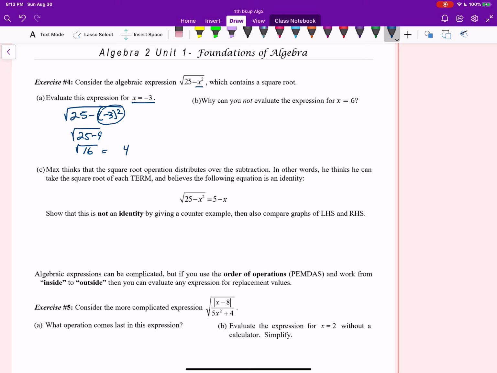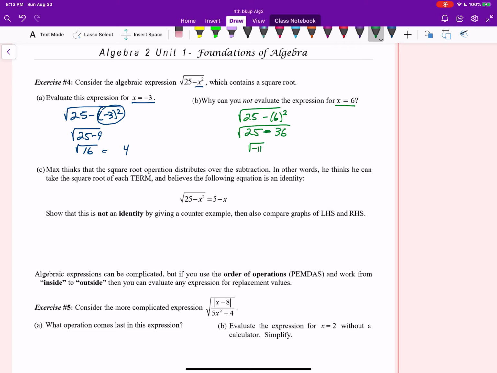B asks us, why can we not evaluate the expression for x equals 6? Well, let's see. Square root of 25 minus 6 squared. 6 squared is 36. 25 subtract 36 is negative 11.